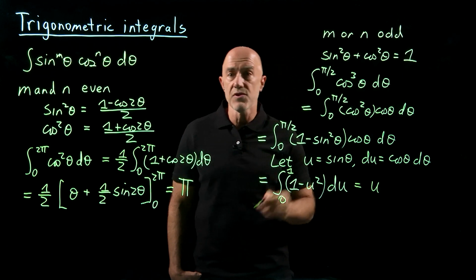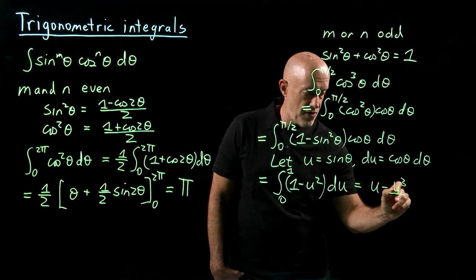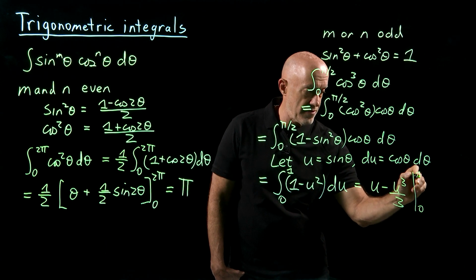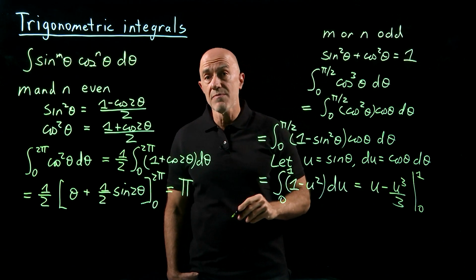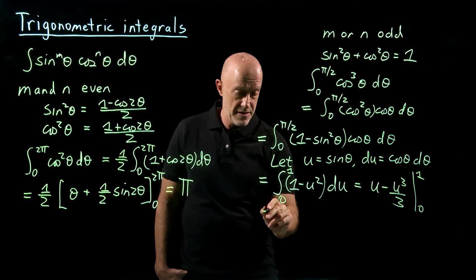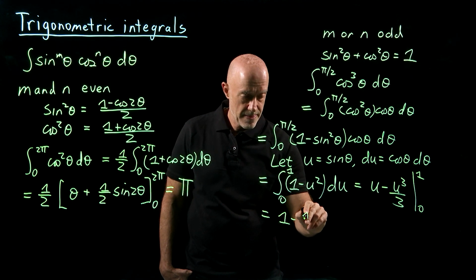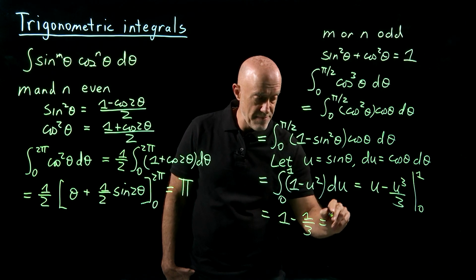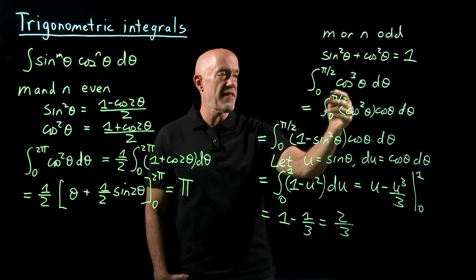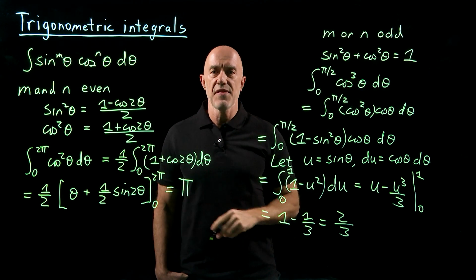The integral of u squared, so we have a minus, becomes u cubed over 3. The limits are between 0 and 1. The lower limit will be 0 minus 0, so it's just the upper limit. So that becomes 1 minus a third. And that becomes 2/3. So we were able to do this rather complicated integral of cosine cubed theta d theta.